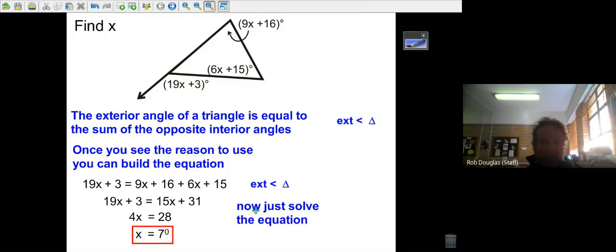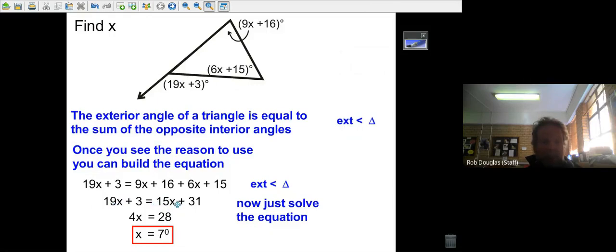Well, once you've got that, now it's just time to solve the equation. What you do is you put together like terms: 9x and 6x, that's 15x. 16 and 15, that's 31. Now we're going to work with like terms this time too, to do the next step. You've got 15x on this side and 19x on this side.